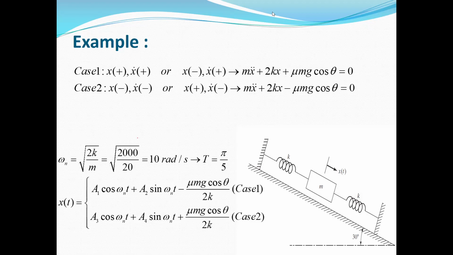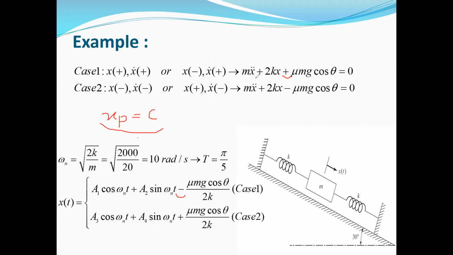according to the sign of the non-homogeneous term. Here for case 1, you can see this is the sign of the non-homogeneous term. So the solution for the particular response is a constant value, because mu mg cosine theta is a constant value. The mass, g cosine theta and mu, all of them are constant. So the particular response is a constant.